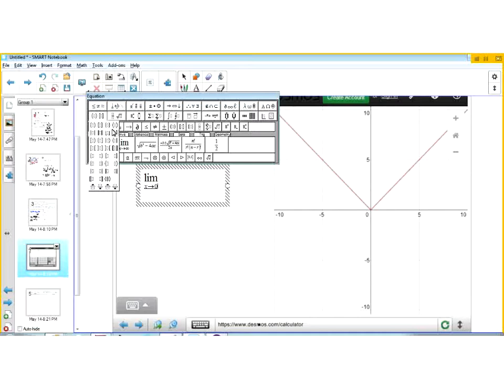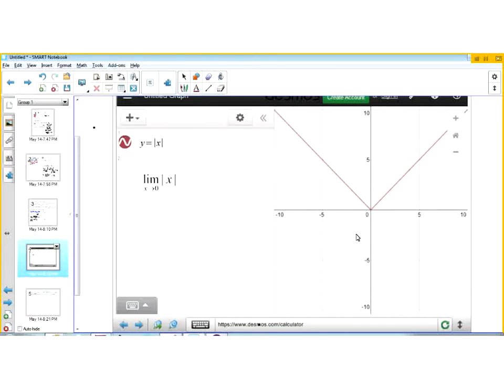I'm not seeing it. Interesting, we don't have it in the algebra section. Well, we'll just write absolute value of x. So we want to find this limit, and we'll just do it graphically. We'll just do a trace.